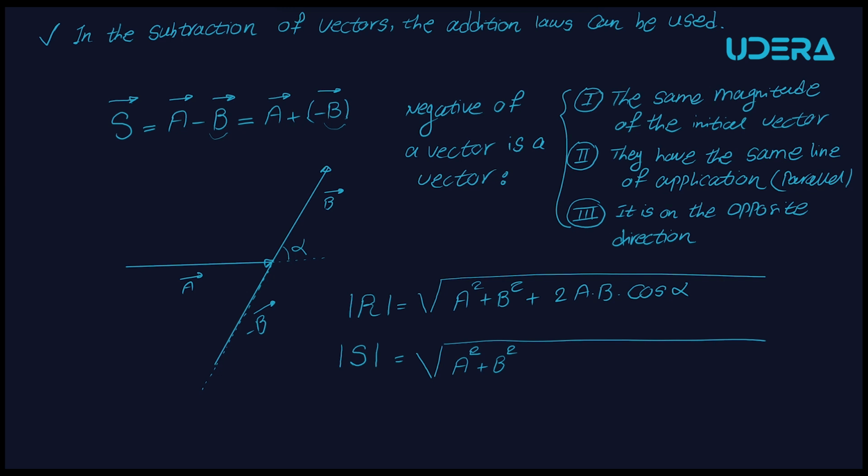Now this angle from geometry is 180 minus alpha, so it will be plus 2AB times cosine of 180 minus alpha.